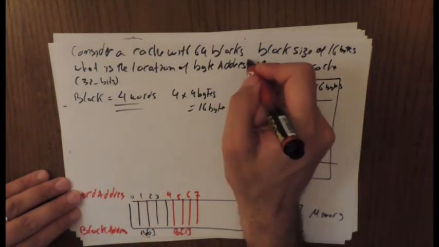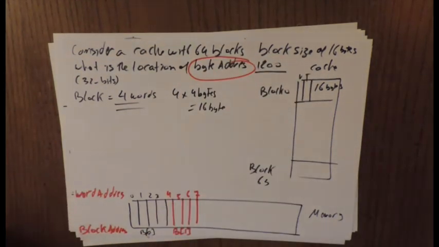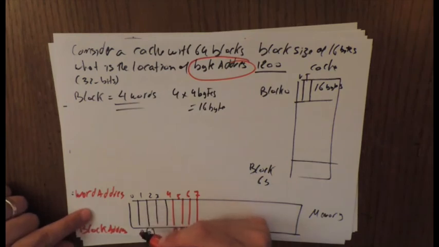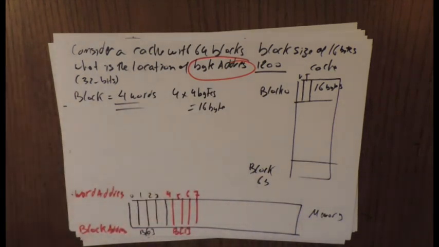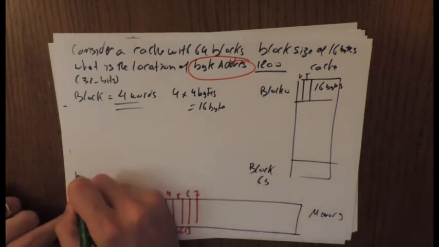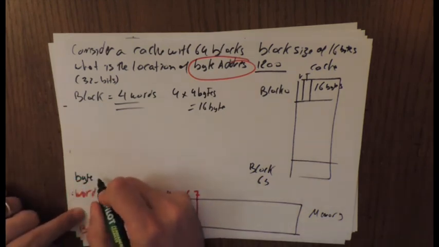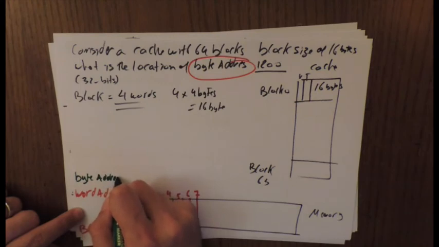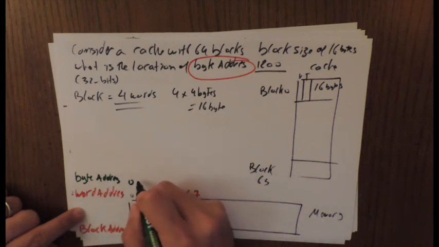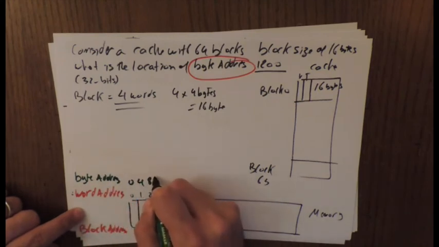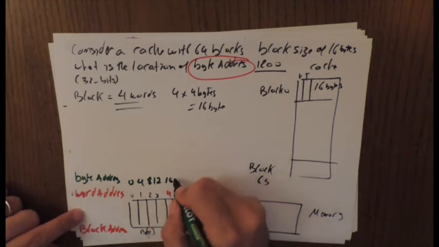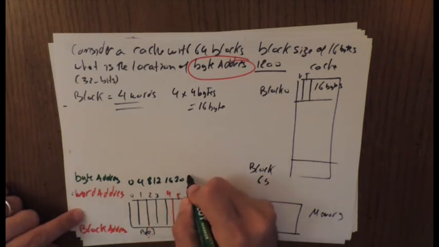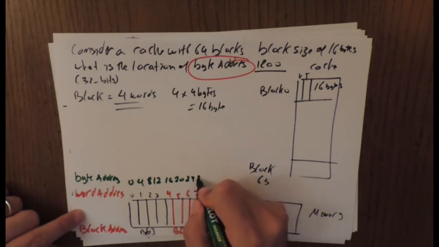But what about the byte address? Each word is 4 bytes. So effectively we have as follows. This is the byte address. So this is byte 0, byte 4, byte 8, byte 12, byte 16, byte 20, byte 24, and byte 28.